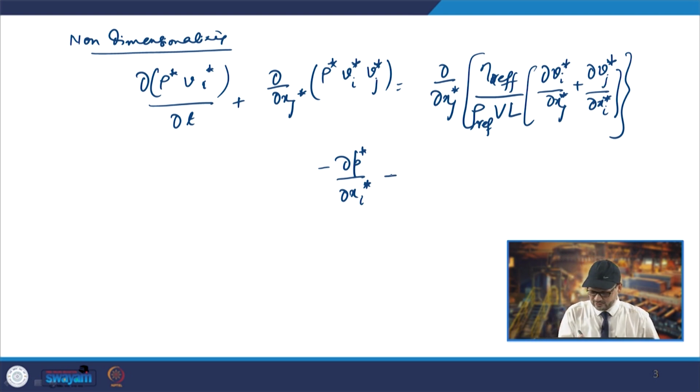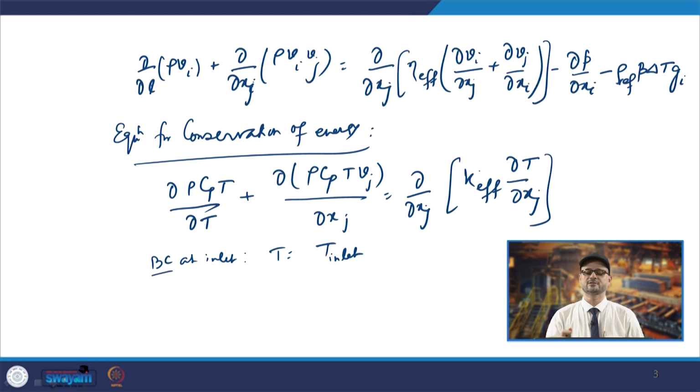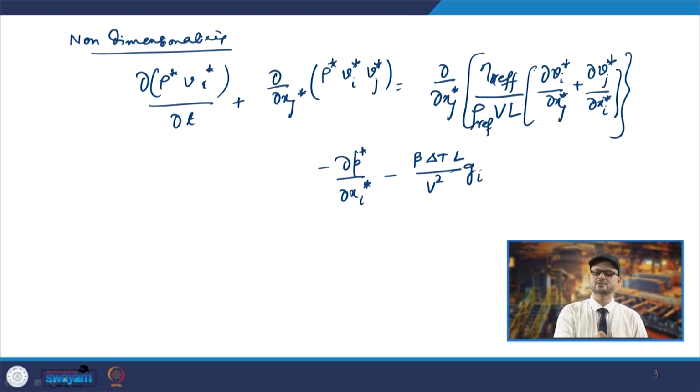Then what you see is that the term which remains here will be beta delta T L upon V square into g i. So, when you write this equation in the non-dimensional form, it comes into this shape.